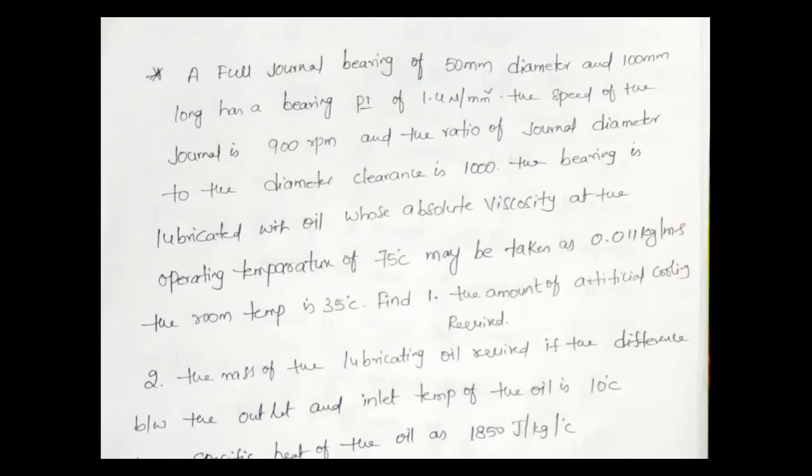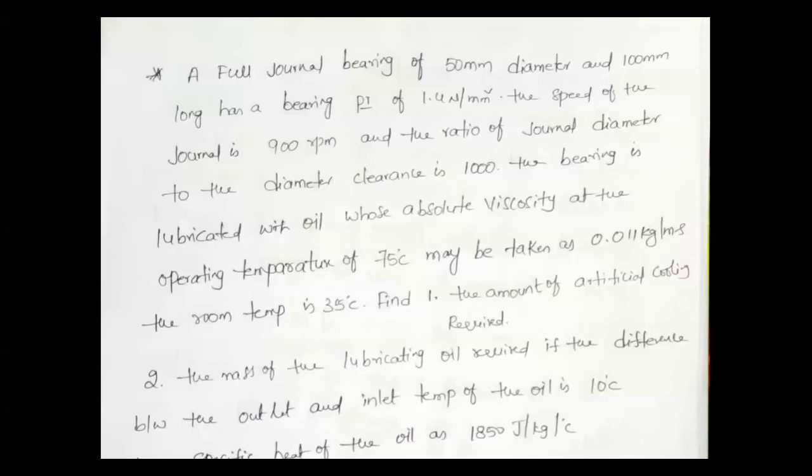I already told you that for any given problem, especially in the case of a sliding contact bearing, the first and foremost thing is that you are supposed to calculate the bearing pressure, then the length to diameter ratio. These two parameters are very, very important.